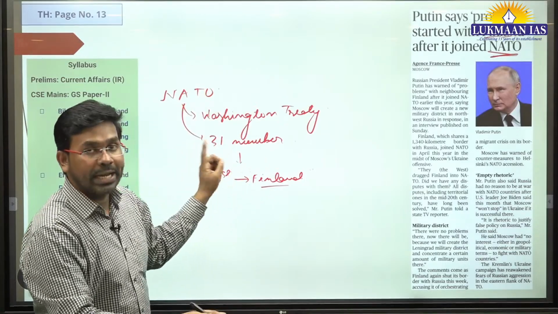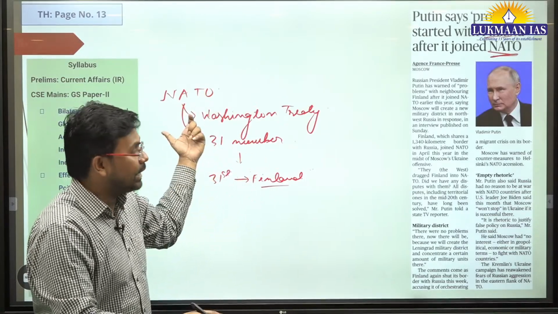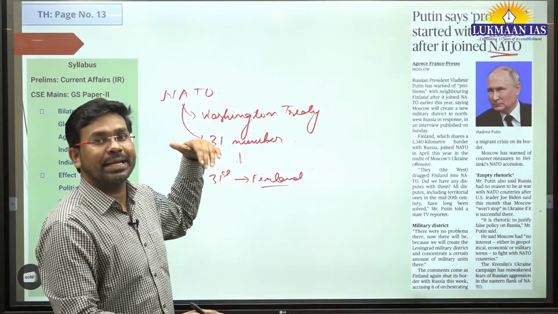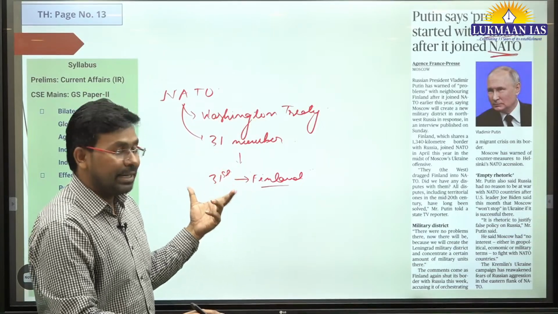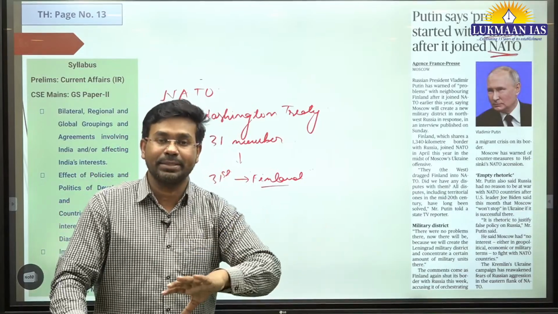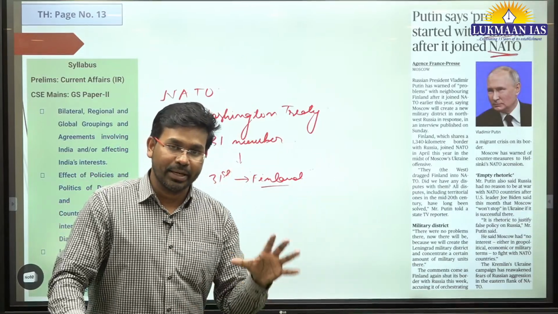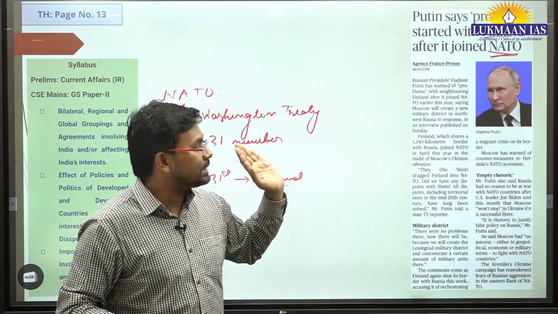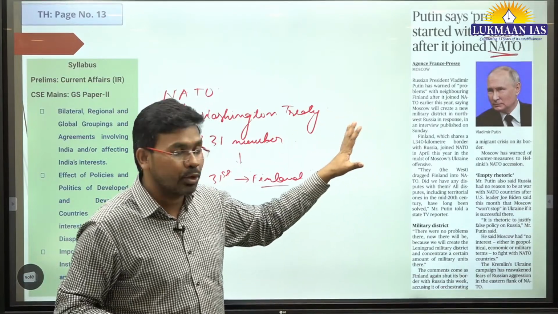After it joined NATO, Finland interacted with the US and decided to give access to 15 of its military bases to the United States of America. That's why the Russian president is not happy about it.